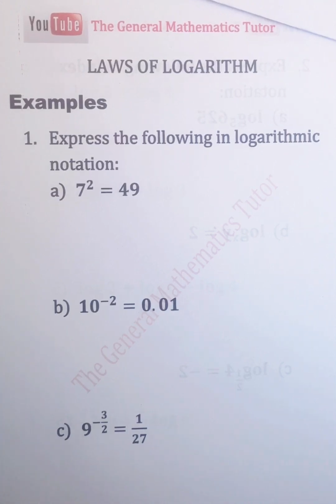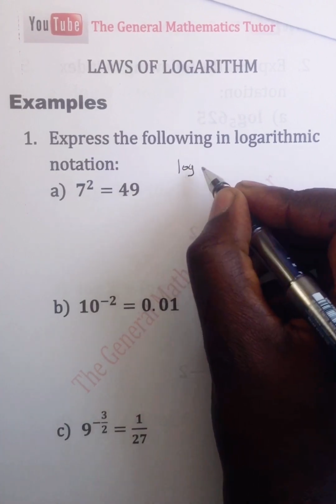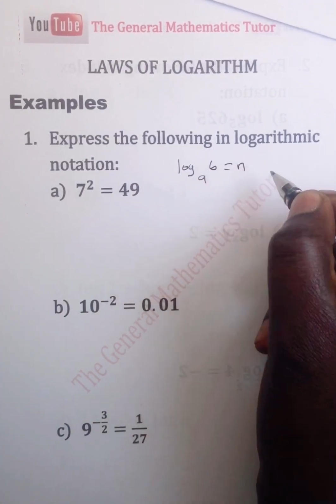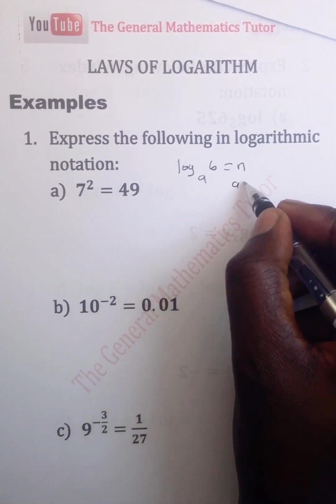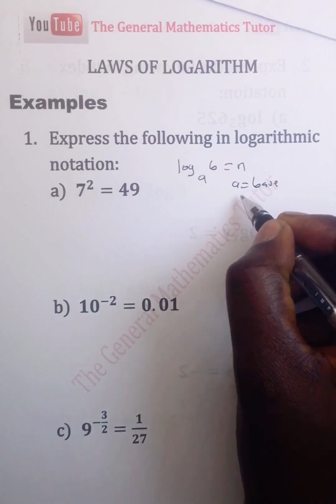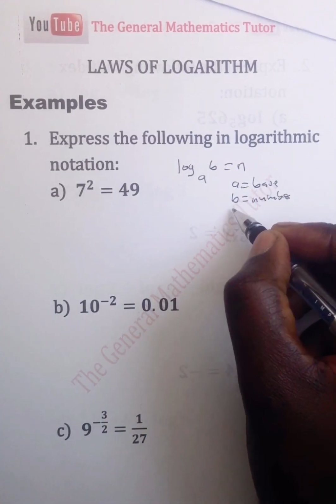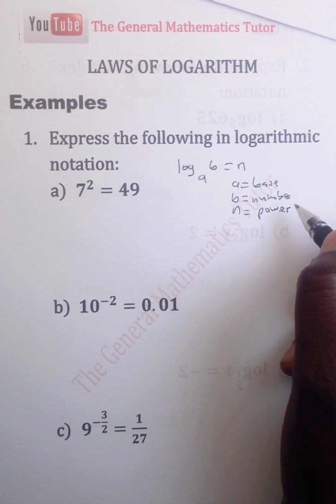So in a logarithmic notation, we have log to base a of b is equal to n, where a is the base, b is the number, and n is the power or the log.